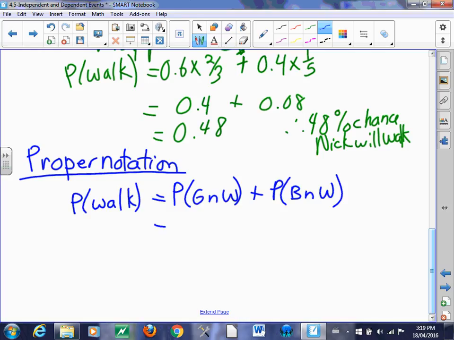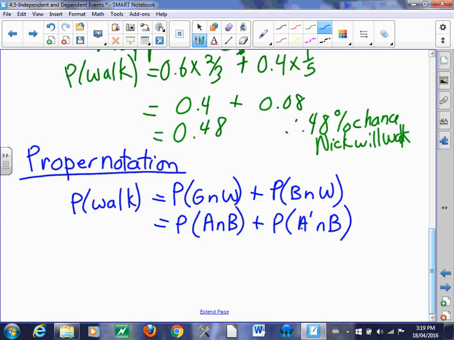So taking a look at that, that's going to be relating to our A's and B's that we set out. So the probability of A and B, plus the probability of A prime, which means bad. Like if it's bad, it's the opposite, right? And B. So that's the proper notation we're looking for.